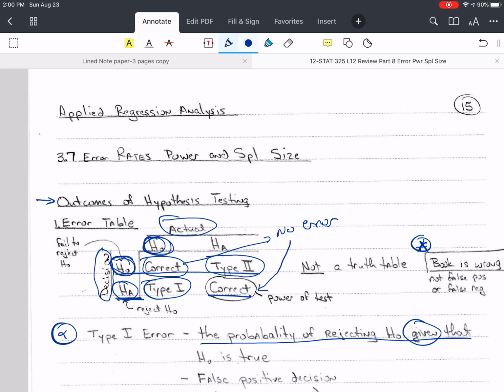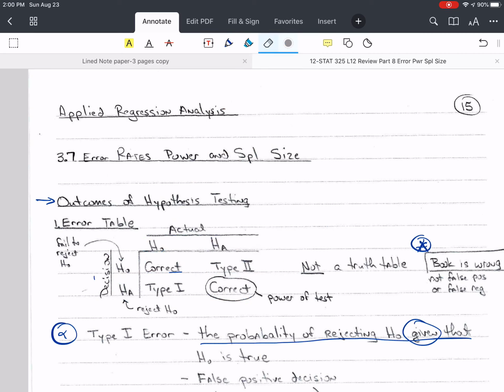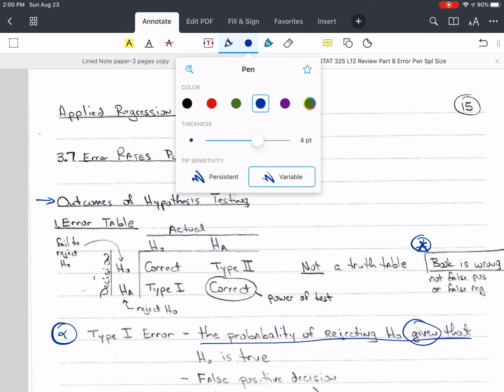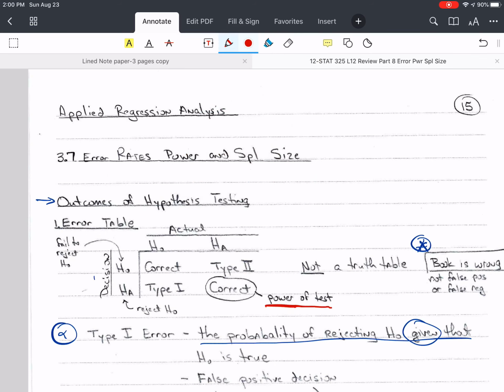Now, if we reject H naught when H naught is false, I've marked that as the power of the test. That is when we reject H naught and we should, because HA is actually true. How often do we reject H naught when we're supposed to reject H naught?